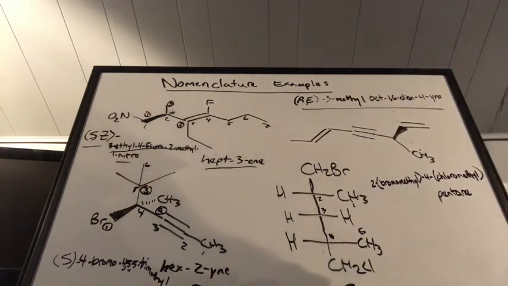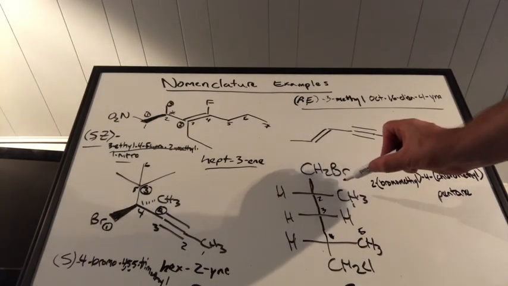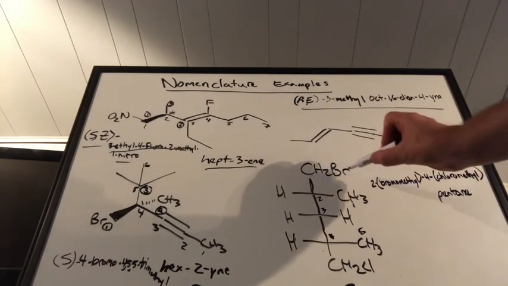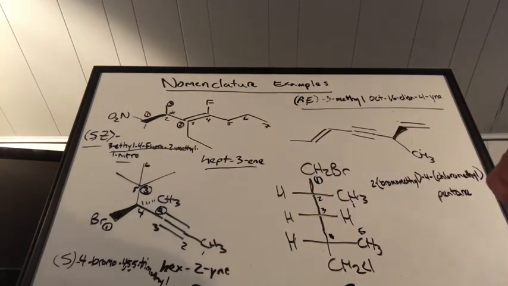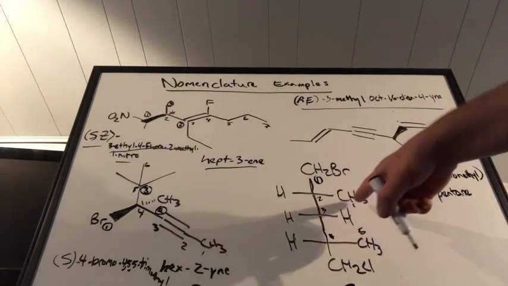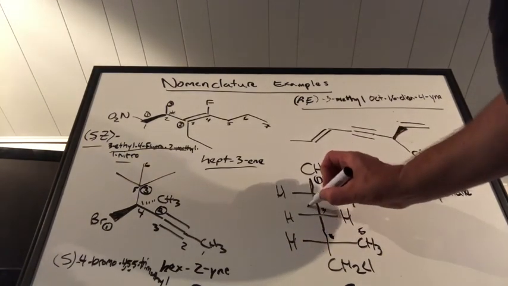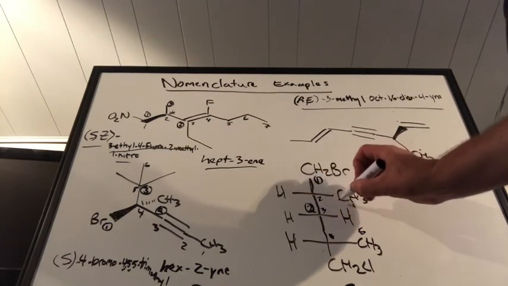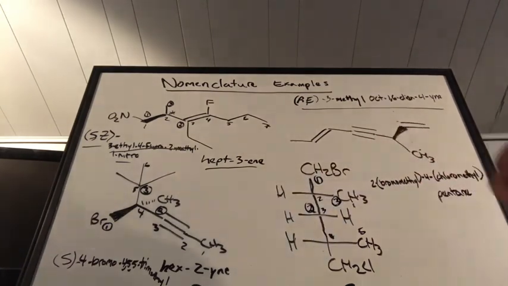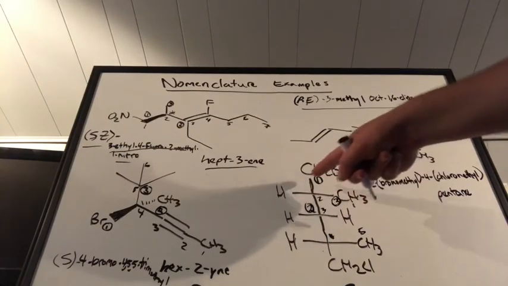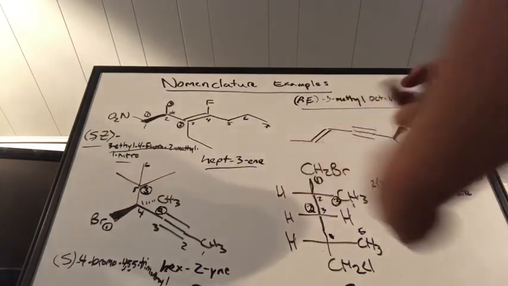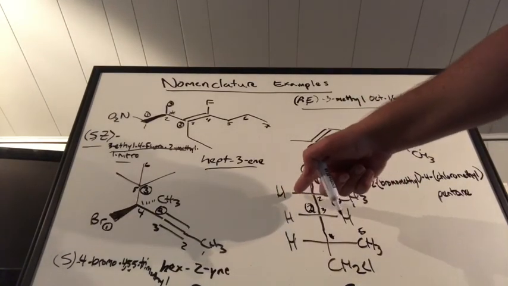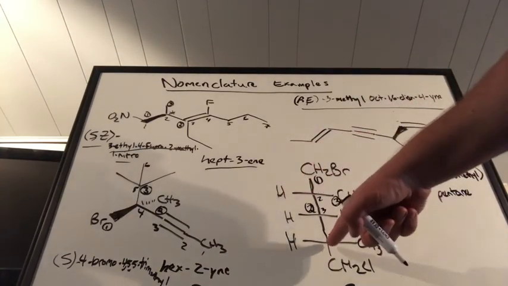So if we're just looking at everything here, we have a tiebreaker, which is clearly right here. So that's going to be number 1. Number 2 is going to be right here because this dead ends at a hydrogen. So that's going to be number 3. As we're looking at it, it looks like S, but remember that this first one is going to wedge out, and this is going to wedge out.